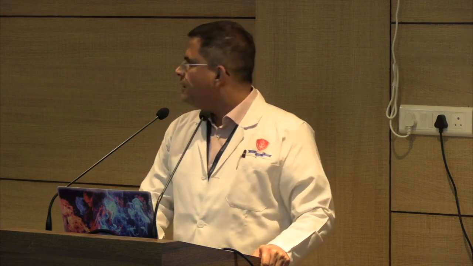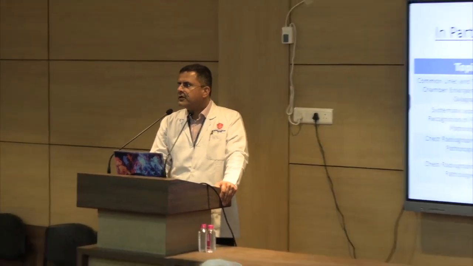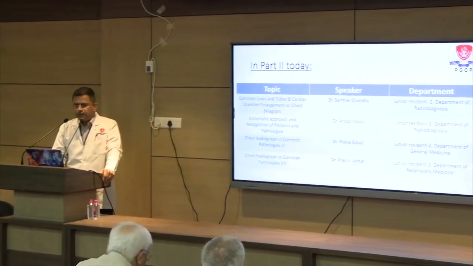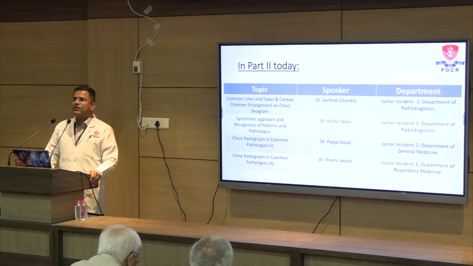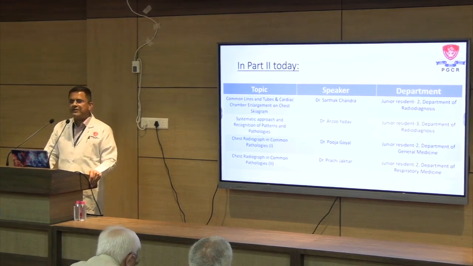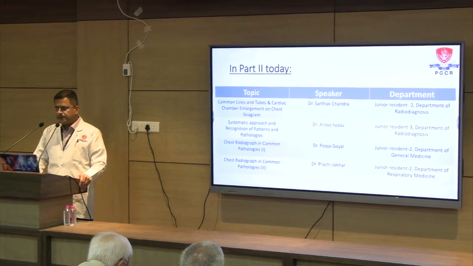Today in part 2, we'll start by understanding the normal locations of the common lines and tubes. Then we'll study the patterns of cardiac chamber enlargement. Then we'll see how to approach systematically for going to a diagnosis on a chest radiograph. Then we'll discuss some common pathologies in collaboration with the departments of general medicine and respiratory medicine.